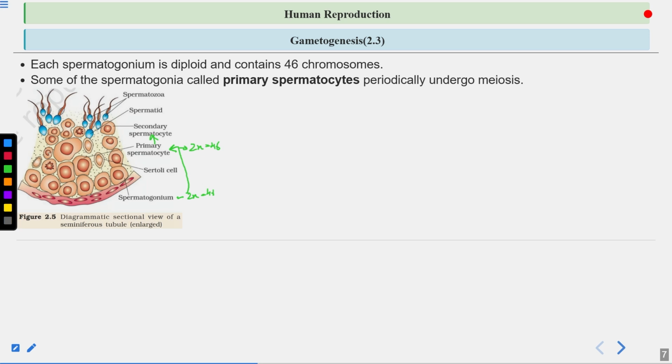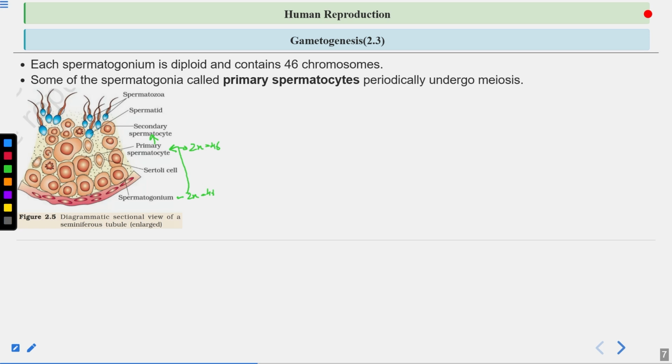So now again remember, meiosis occurs in two phases, meiosis 1 and meiosis 2. After meiosis 1, 2 cells are formed, and after meiosis 2, 4 cells are formed. Or you can also say at the end of meiosis, 4 cells are formed. Keep this in mind.